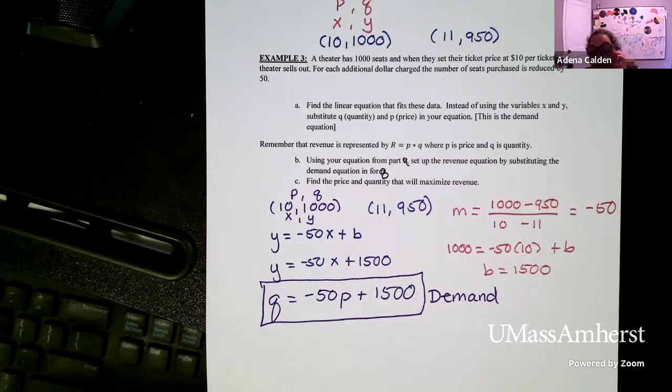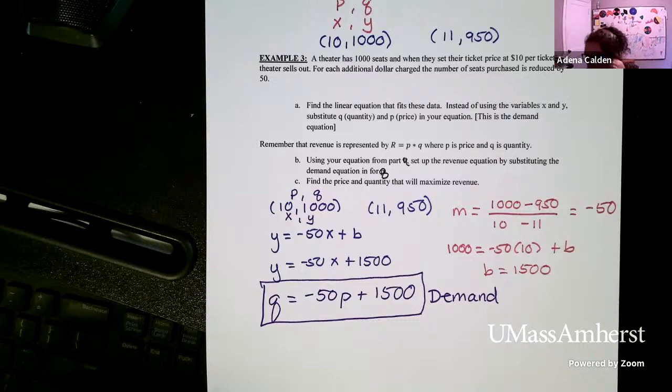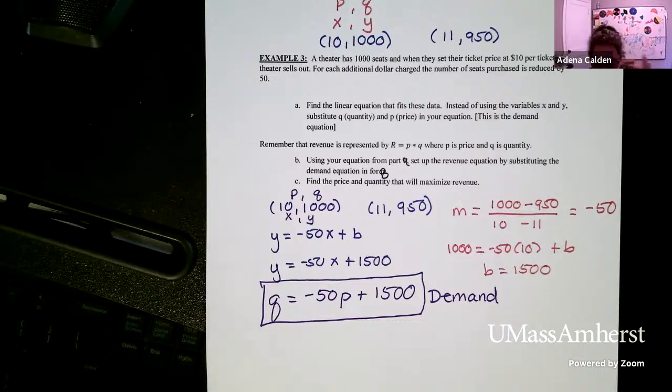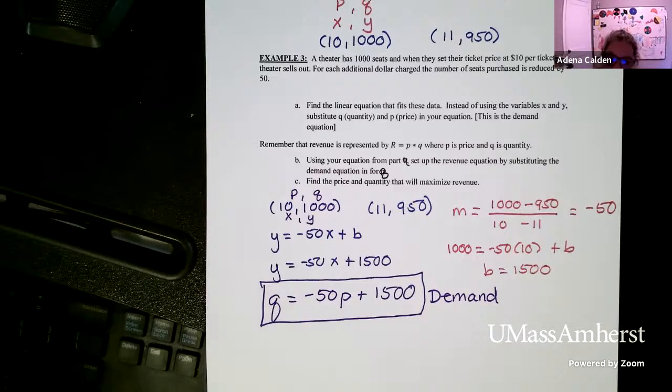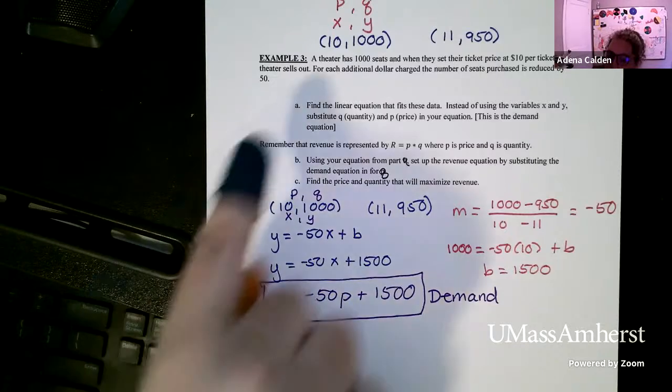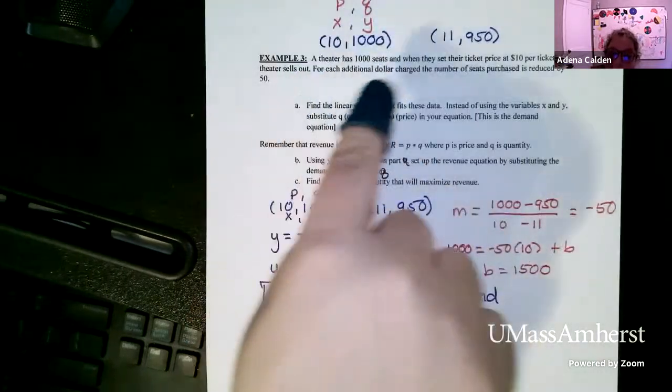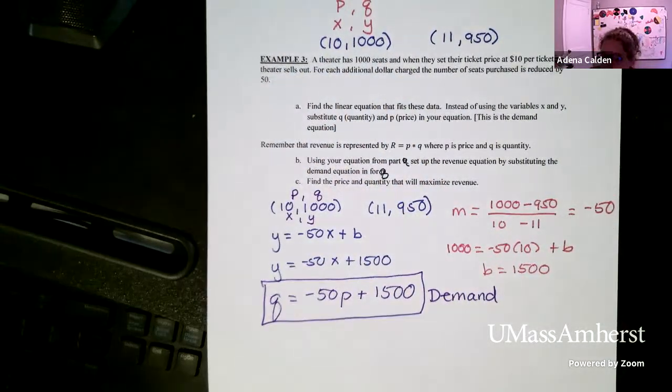So the whole point of this problem is to figure out how to maximize revenue, right? We want to maximize the amount of money that we take in for whatever reason, and this is pretty common when we're thinking about selling things. Now, I want to point out that a lot of people assume that if you fill the theater, that's going to give you the most money, right?